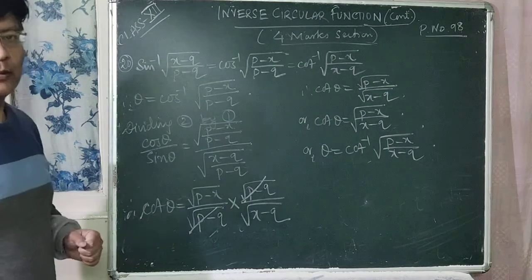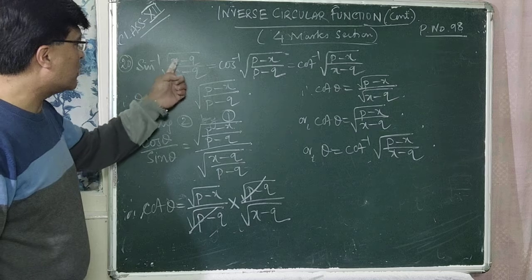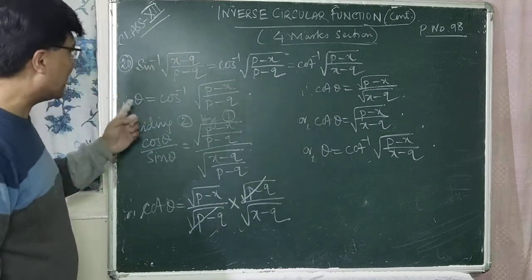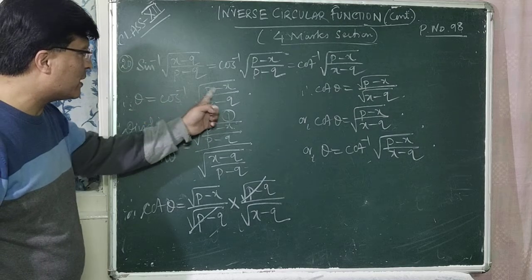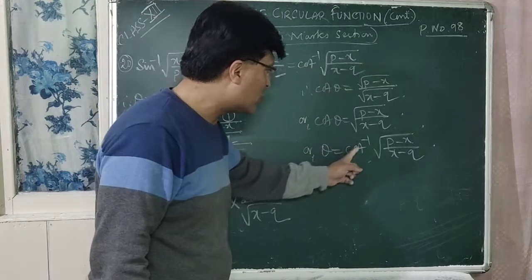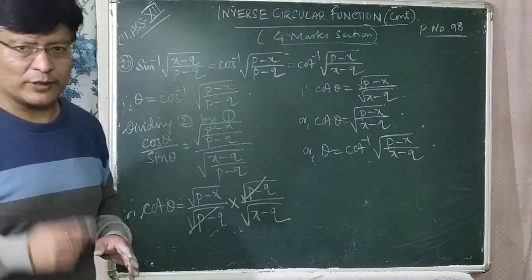So now, first of all, we had assumed sine inverse root over x minus q by p minus q is equal to theta. And we just now proved that theta is equal to cos inverse root over p minus x upon p minus q. Again, we now proved that theta is equal to cot inverse root over p minus x upon x minus q. That means we can equate all these three, isn't it?